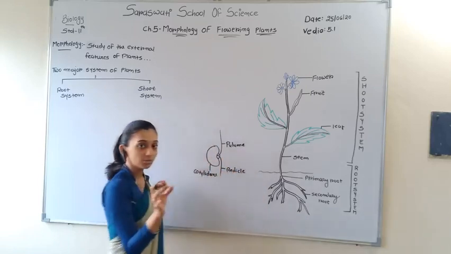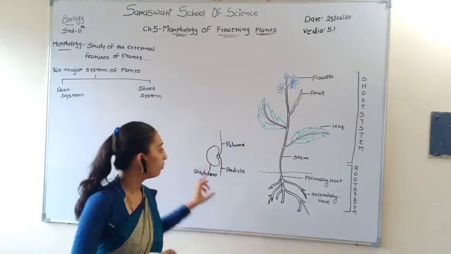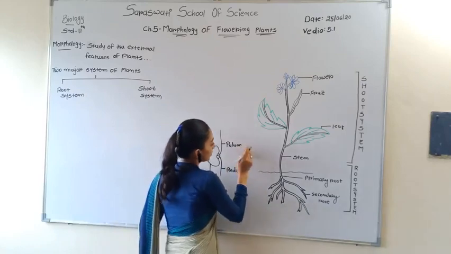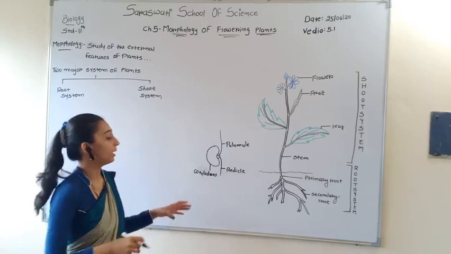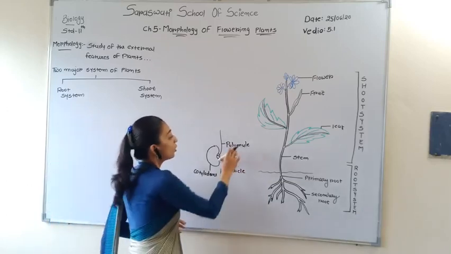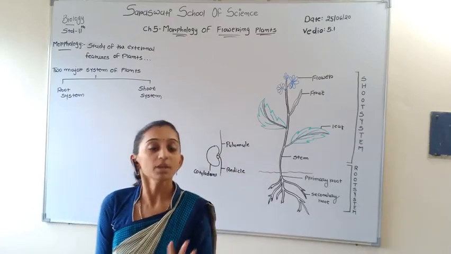At the time of germination, the seed has two main parts. The upper part is known as the plumule and the downward or lower part is known as the radicle. So plumule and radicle are the two main parts of the seed.